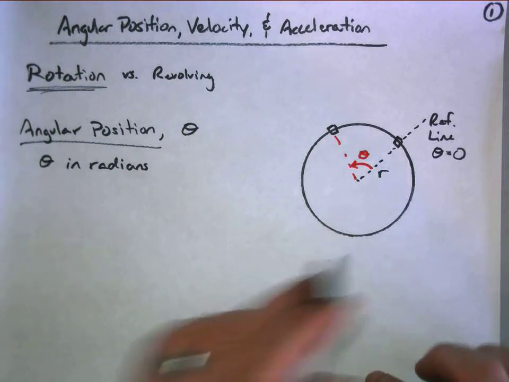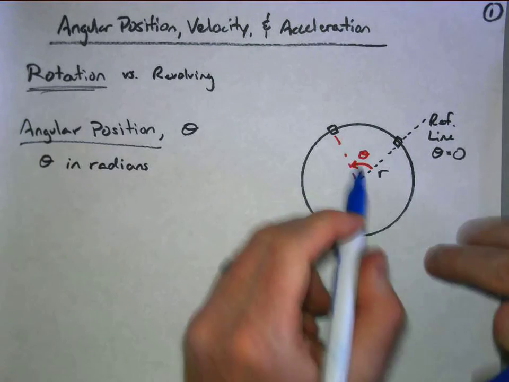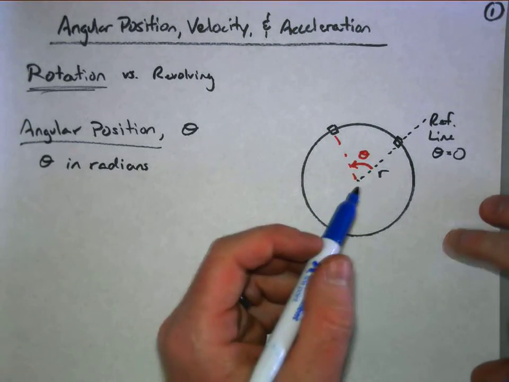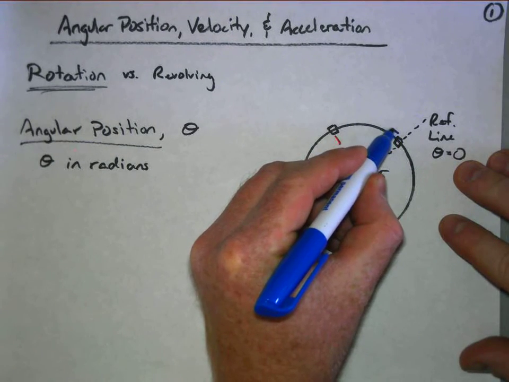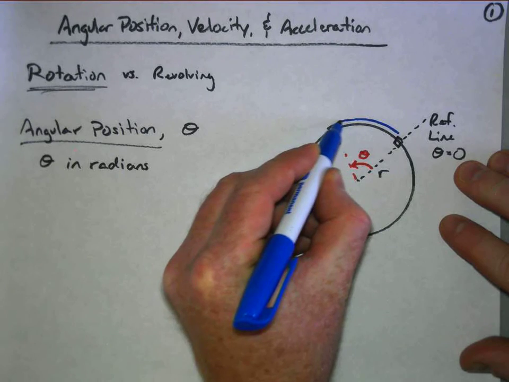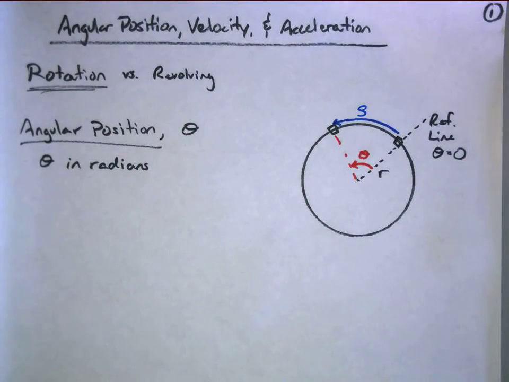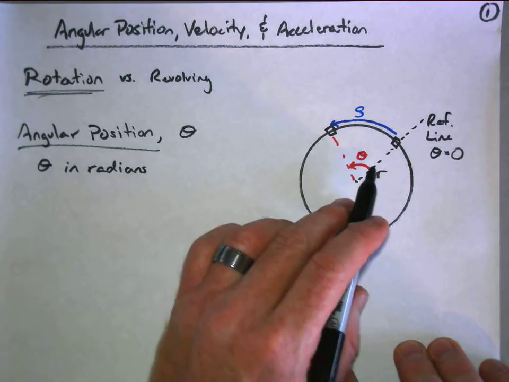There's something else going on here, though, and not only is there an angle going on, but there's an actual distance traveled. There's an arc length here. This arc length, S, just S for arc length. And when we look at this, we see this relationship with theta measured in radians.